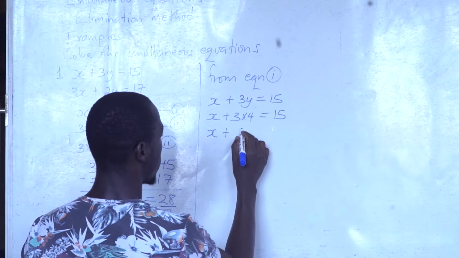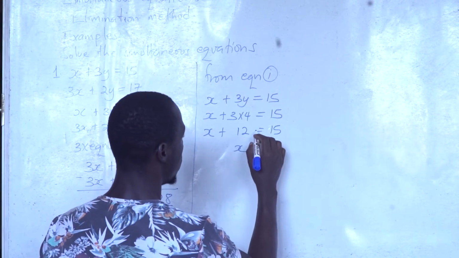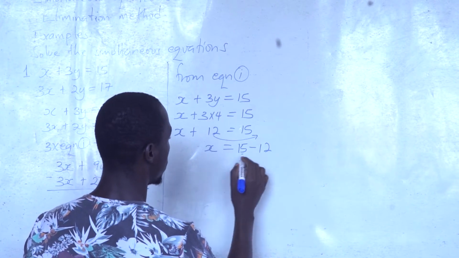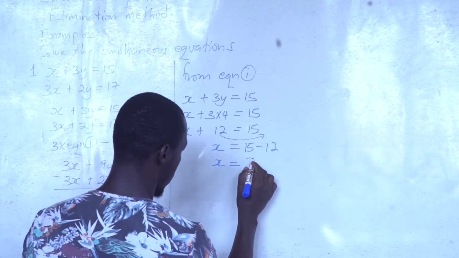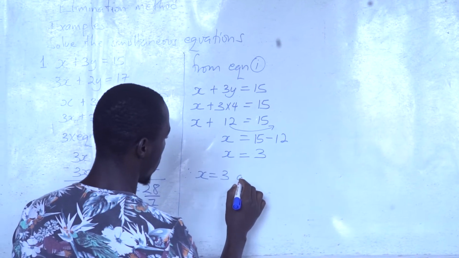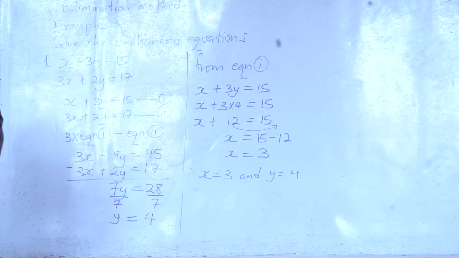So when I multiply this, I get 12, that is 15. x is equal to, I take the 12 to the other side to become a negative. So x is equivalent to, when I subtract, that is a 3. Therefore, my x is 3 and y is a 4.